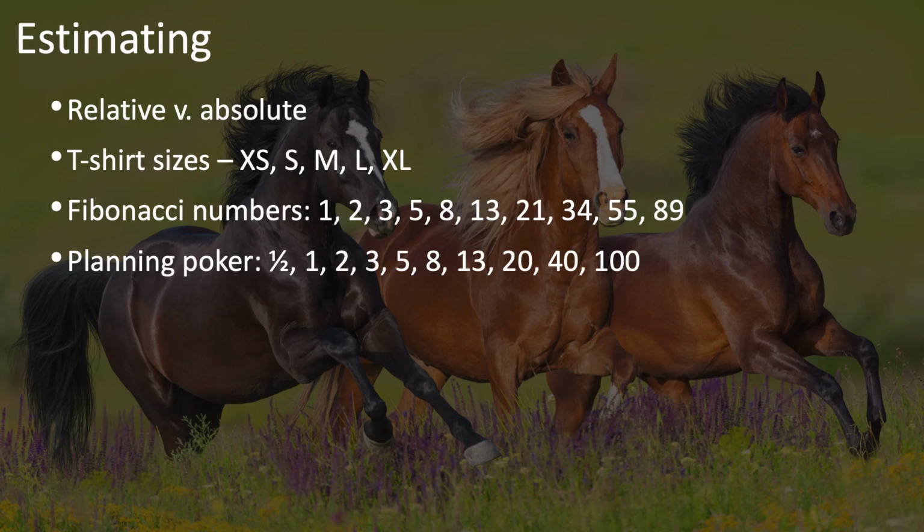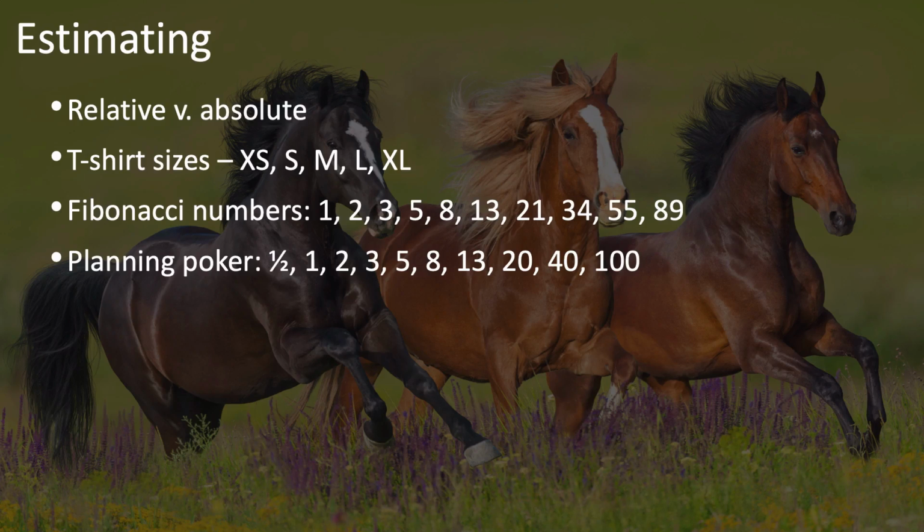Although we're pretty bad at estimating how long something will take, we're actually pretty good at estimating the relative sizes of tasks. We can tell whether this task is about the same amount of effort as that task, or that it's a little more effort, or a lot more effort, or a little less effort, or a lot less effort.